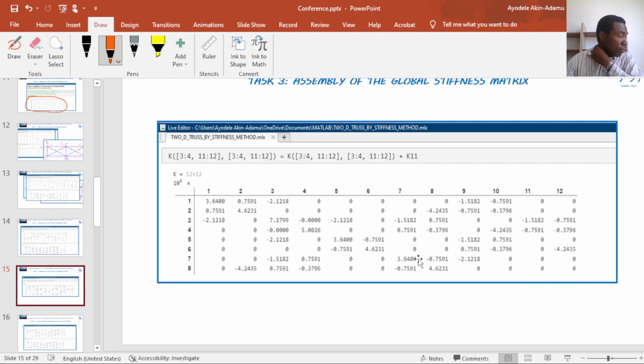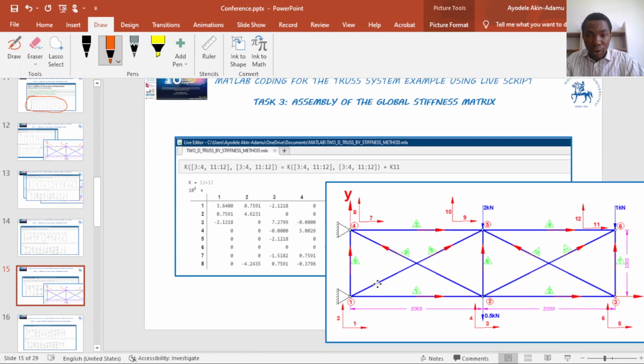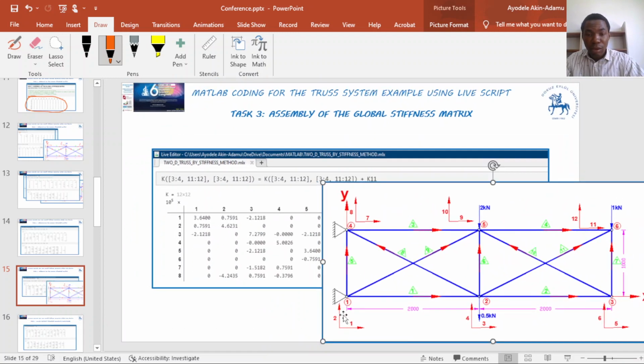After we have assembled the local stiffness matrices in the global stiffness matrix, the next thing we need to do is add a large stiffness at our support degrees of freedom. For our problem, we have support degrees of freedom at node 1, node 2, 7 and 8.